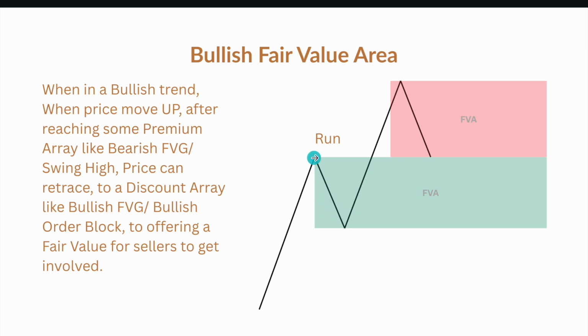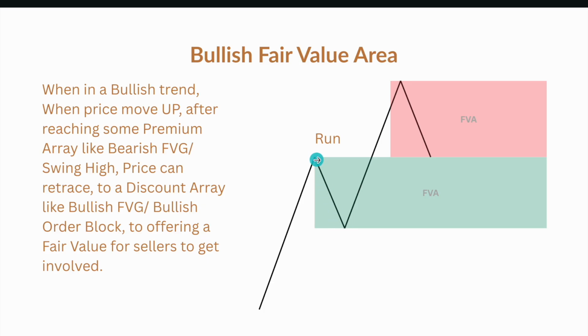Whom do we offer the fair value? When price is moving in one direction, only buyers are involved. So by offering a fair value, the market gives a fair chance to the sellers.